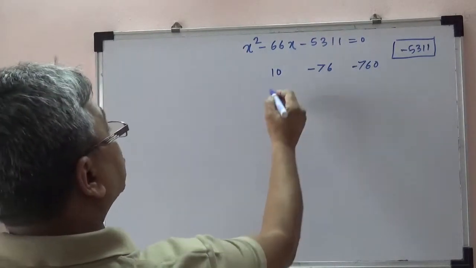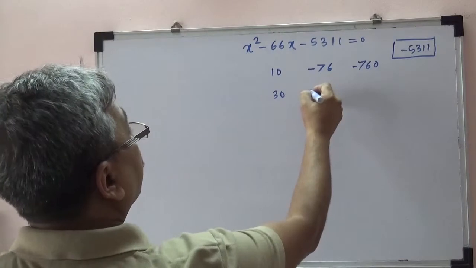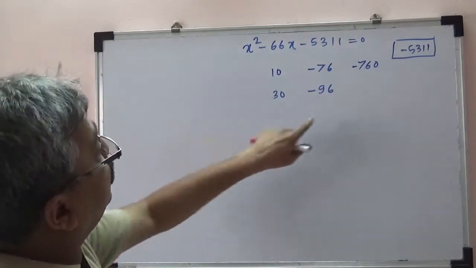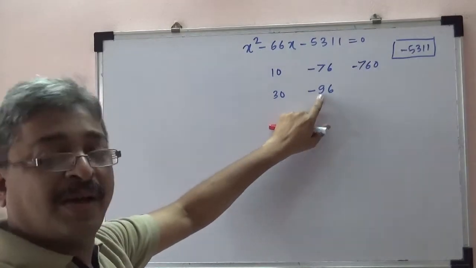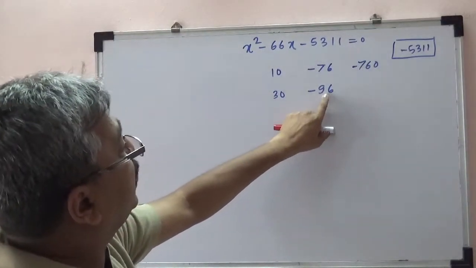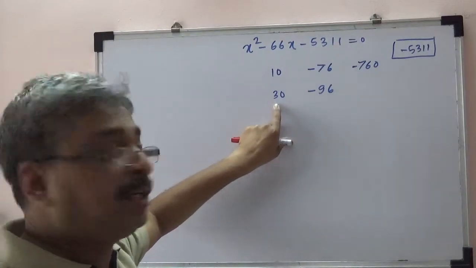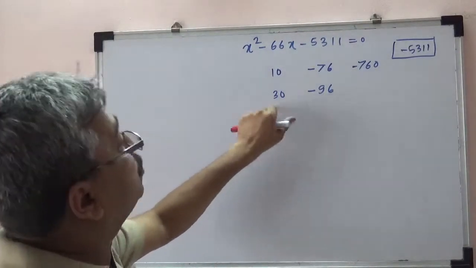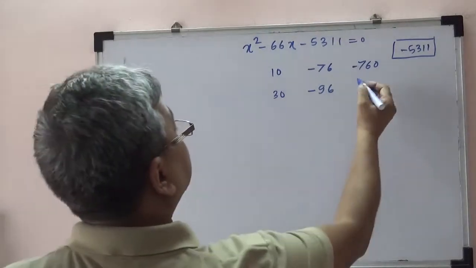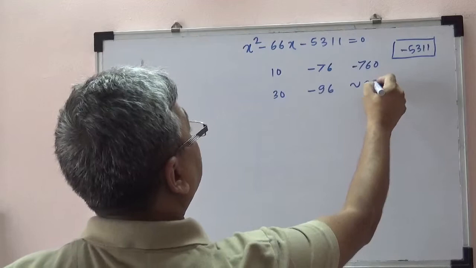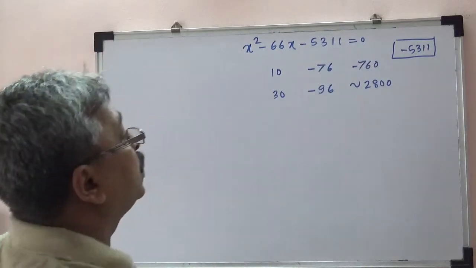So maybe I take a jump of 30, minus 96. Again, without actually multiplying, you can find out that suppose this was 100, still I could reach 3000 by multiplying it with 30. So if it is 100, then it is minus 3000, and therefore this would be approximately equal to minus 2,800 or so.